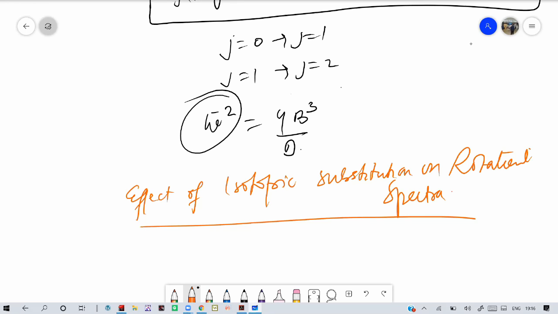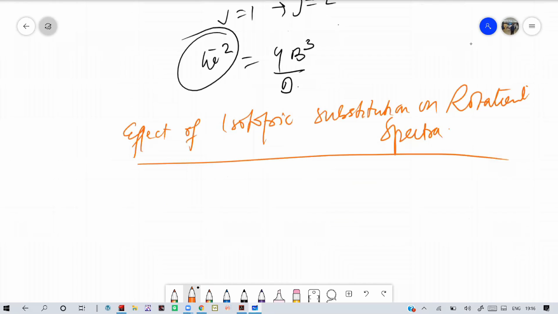What does it mean? It means that if you have a carbon 12 and you are getting its rotational spectra, for example, and you replace this carbon 12 by carbon 13, what will happen to the rotational spectra? That is, when you substitute an isotope of an element, what happens to the rotational spectra?